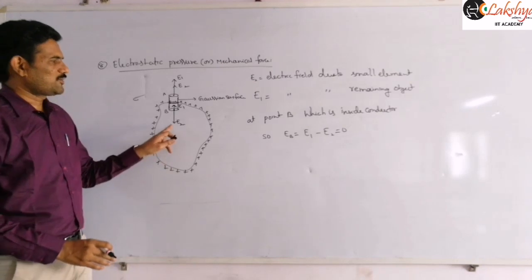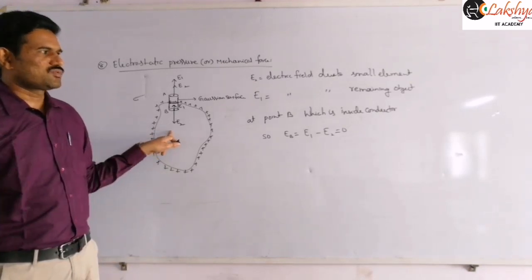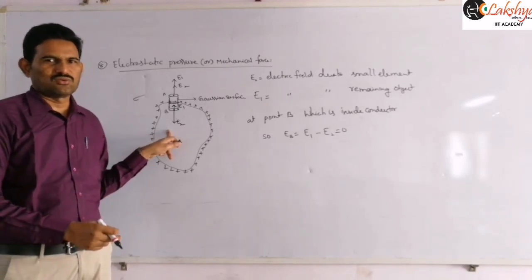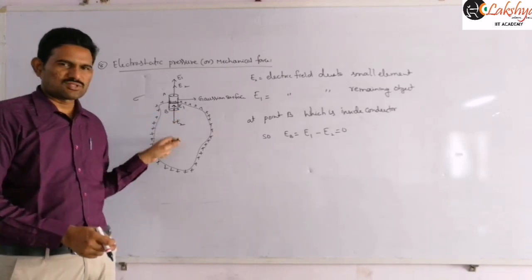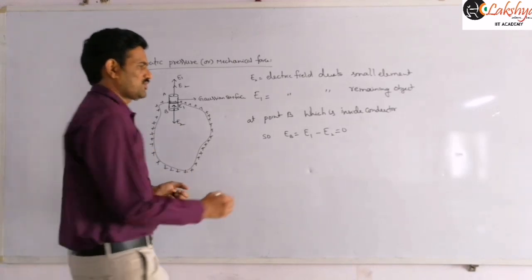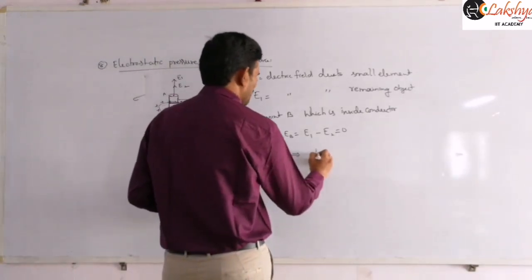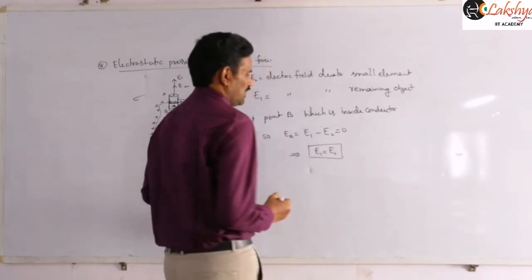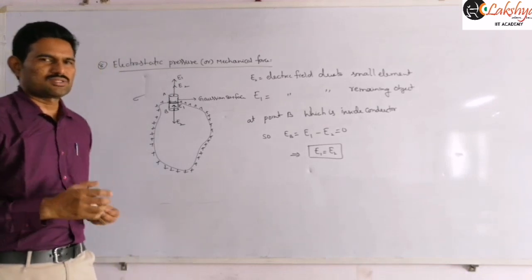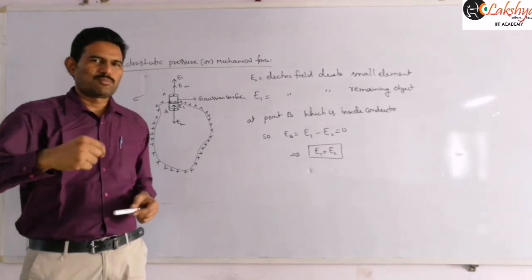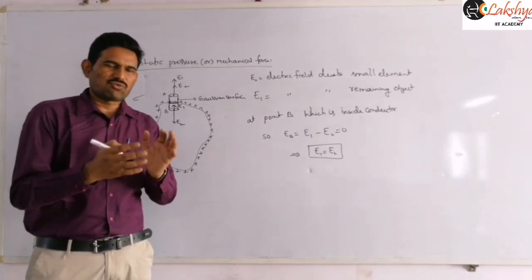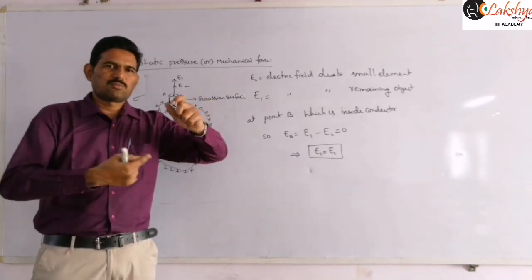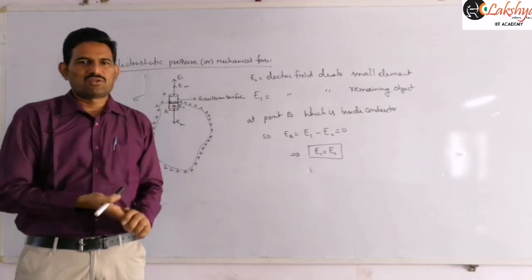Inside the conductor, the electric field is 0, that we already know. And so the resultant of these two values must be 0. From this we can write one important conclusion: E1 is equal to E2. That means the electric field due to that small element and the electric field due to the remaining object are equal in magnitude. That is the conclusion we are getting here.